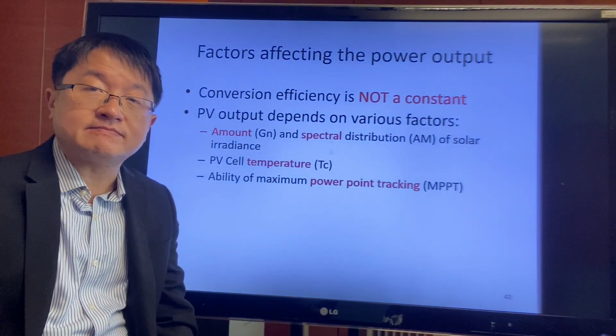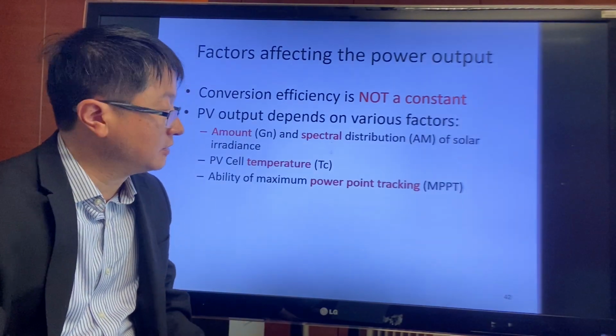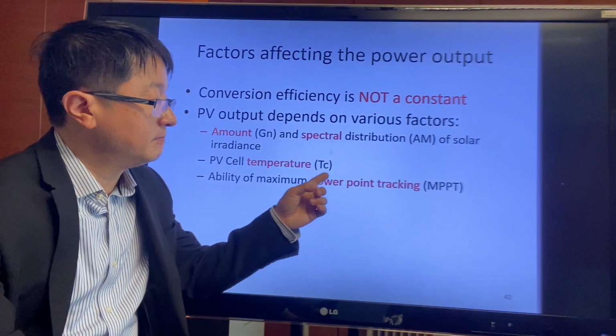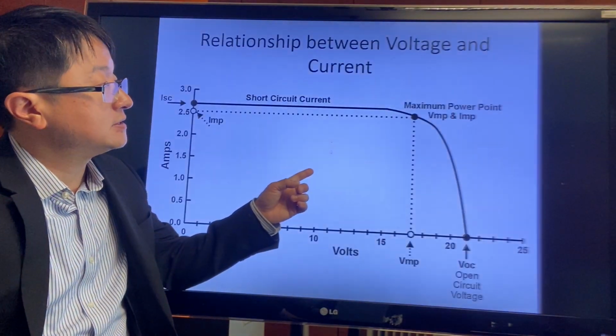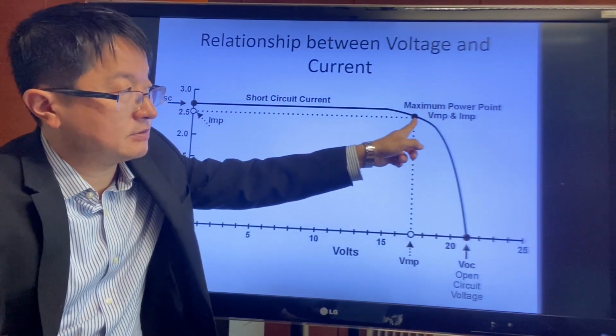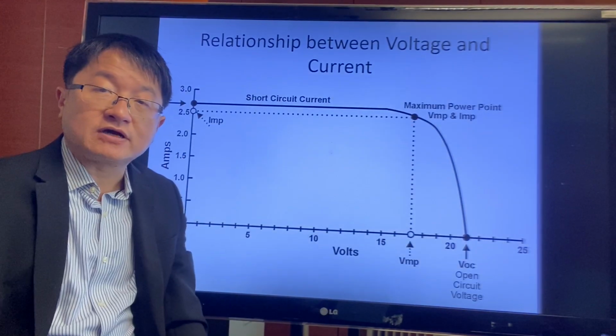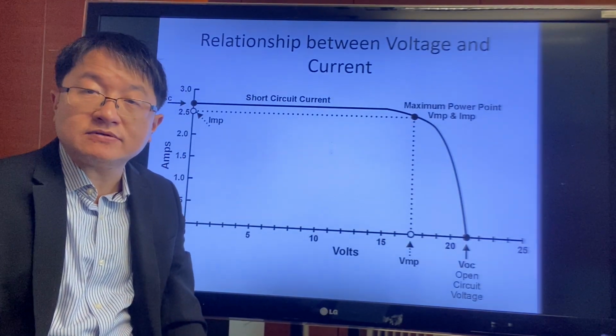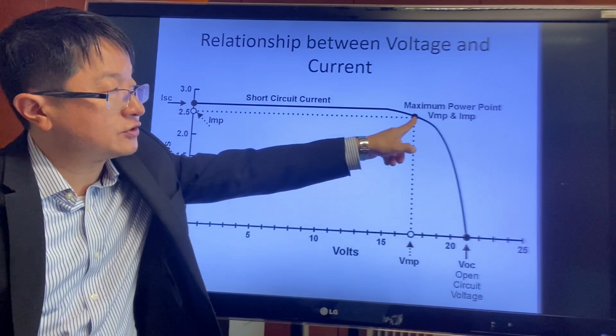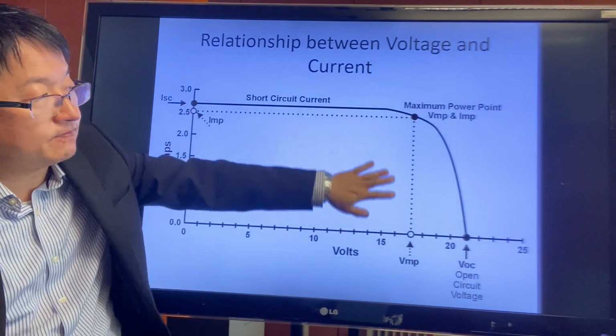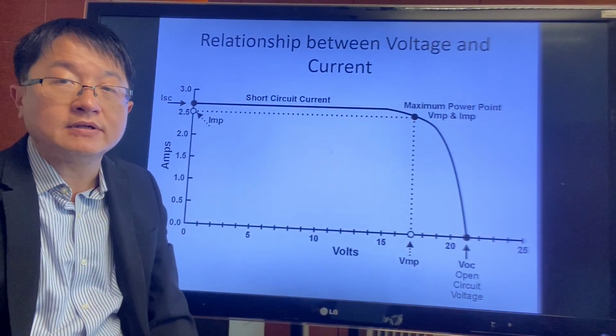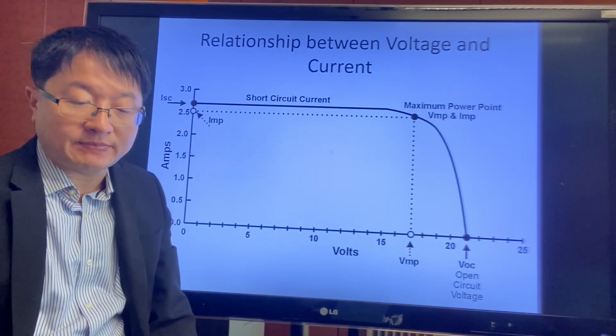Another factor is the maximum power point tracking, whether or not we can track to this maximum power point. If the configuration of the PV cells and the electric circuits cannot achieve this maximum power point, then it cannot fully utilize the power that can be generated by the PV panel.